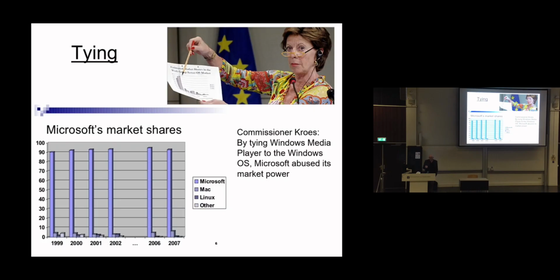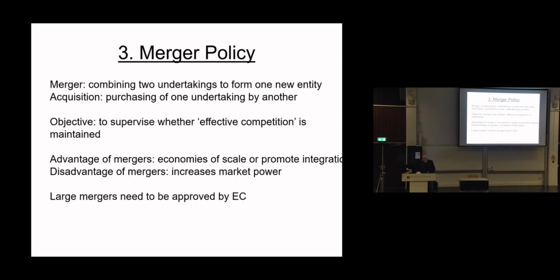The issue here in the early 2000s was that Microsoft included its media player in its software, and there was no option to remove it from your computer or to install other media players, and that was considered a misuse of dominant position by Microsoft, and Microsoft was fined for that. Of course, Microsoft and all the big techs are so powerful that it doesn't hurt them anyway, all these fines.